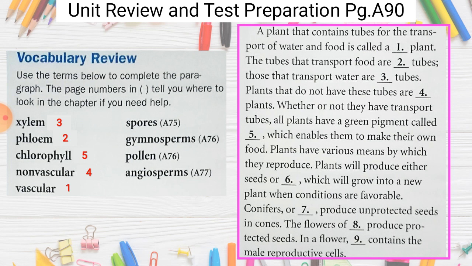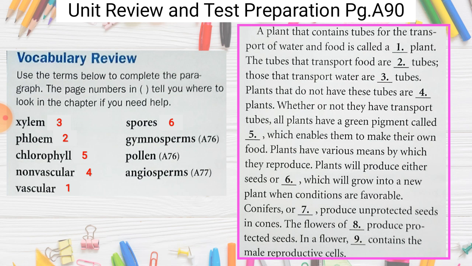Plants have various means by which they reproduce. Plants will reproduce either with seeds or... What is the other thing that plants use to reproduce? Spores, which will grow into a new plant when conditions are favorable.